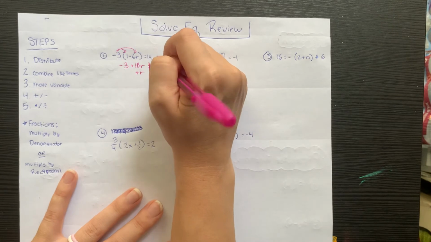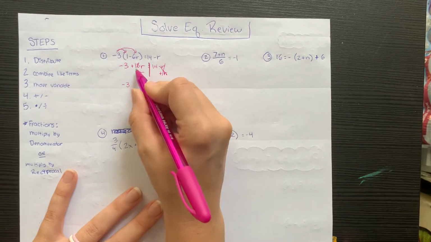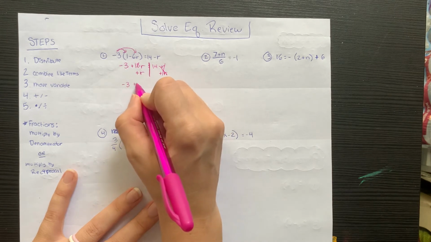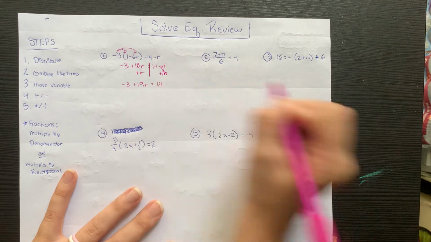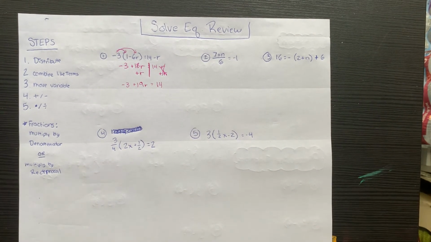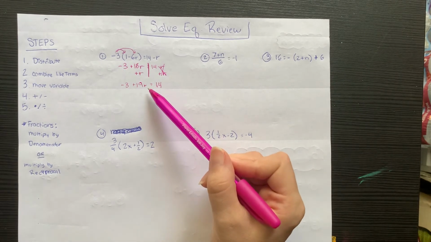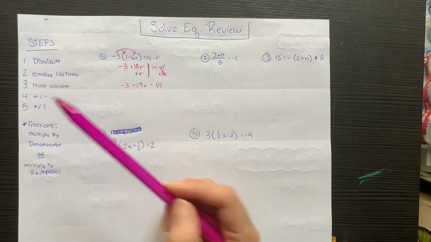Keep everything positive. So that will cancel. My negative 3 comes down. 18 plus 1 is 19. And then that 14 comes down. So at this point I've gotten pretty far down here. I've moved the variable. Now I need to either add or subtract something.